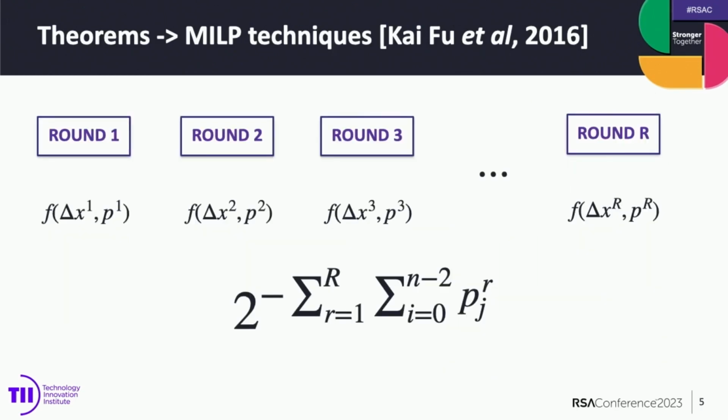In the case of Speck, there is one modular addition per round. This is why here I am representing the exponent of the probability of every modular addition by p1, p2, p3, until pR, in order to find the probability of the entire cipher under certain assumptions. Then we need only to add these exponents.